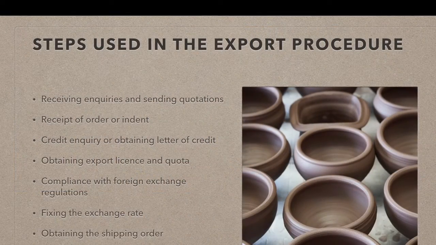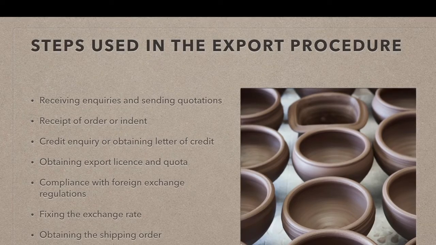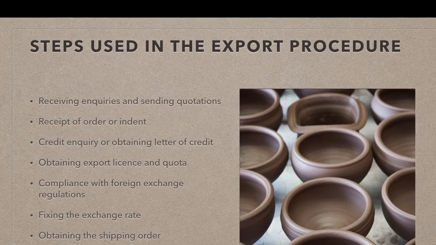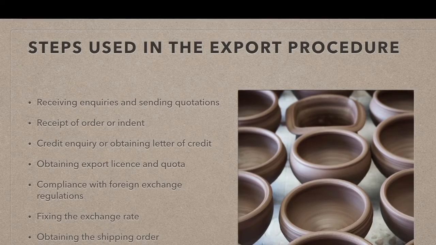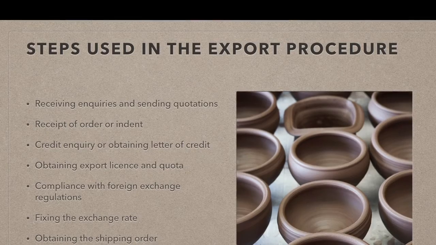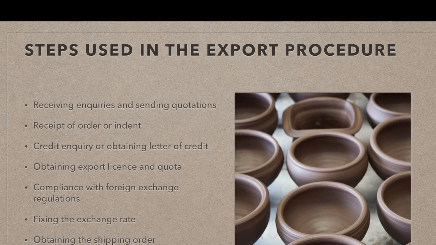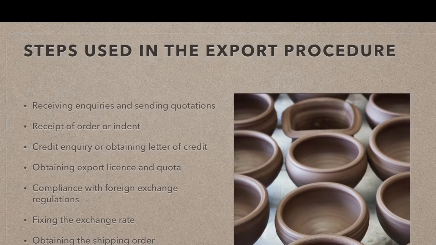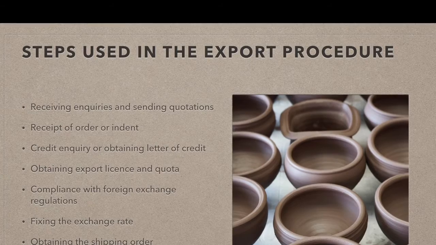The first stage in the export procedure is receiving enquiries and sending quotation. At first, the importer sends an enquiry form to the exporter enquiring about the price, quality of goods, and terms and conditions in which the exporter will be able to supply him the goods.